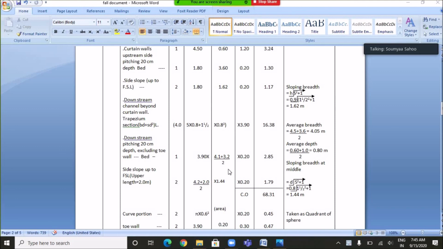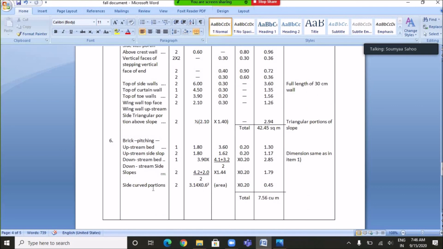And we have already calculated the sloping breadth for the side slope of downstream side, which is 0.8 into square root of 1.5 square plus 1, which is equal to 1.44 meter. In the previous lecture video, I have mentioned it 0.1 wrongly, so make a correction over here. So this is 0.8 square root of 1.5 square plus 1.